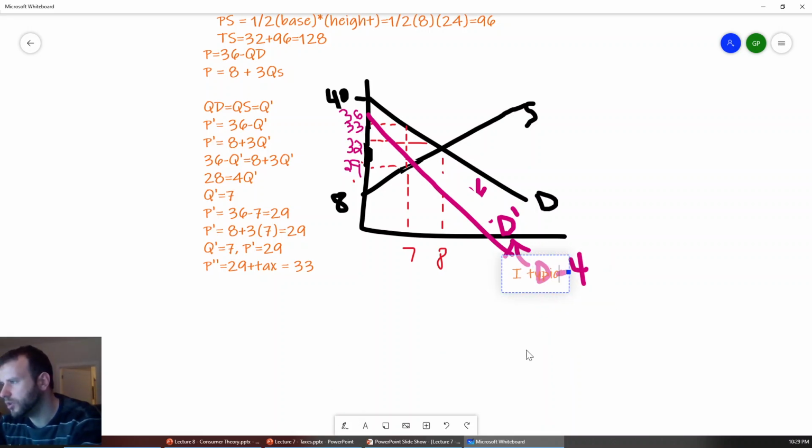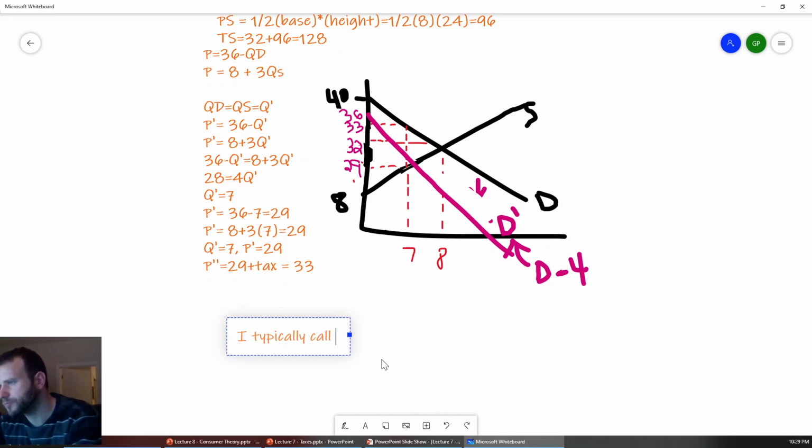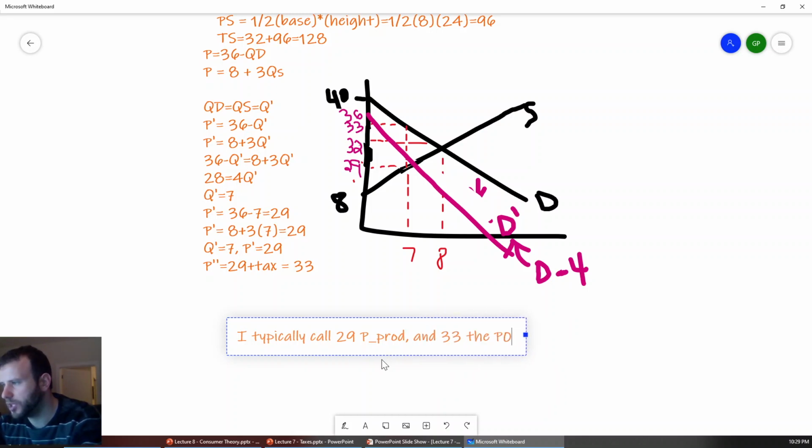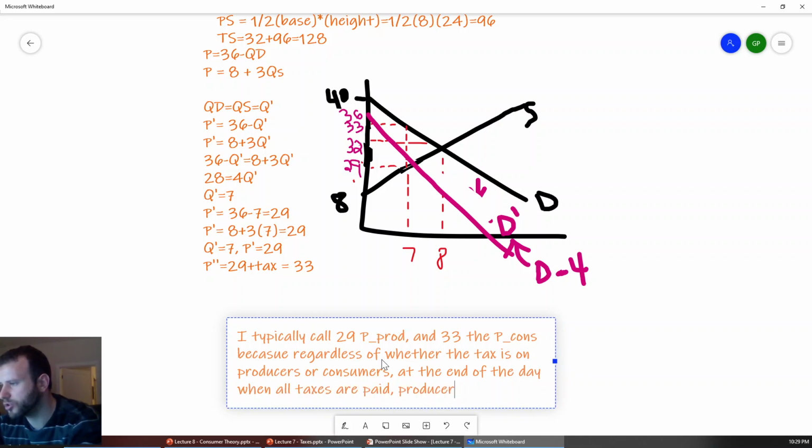So I typically call 29 the P prod and 33 the P cons, regardless of whether the tax is on producers or consumers, because at the end of the day, when all taxes are paid, producers receive $29 and consumers pay $33.